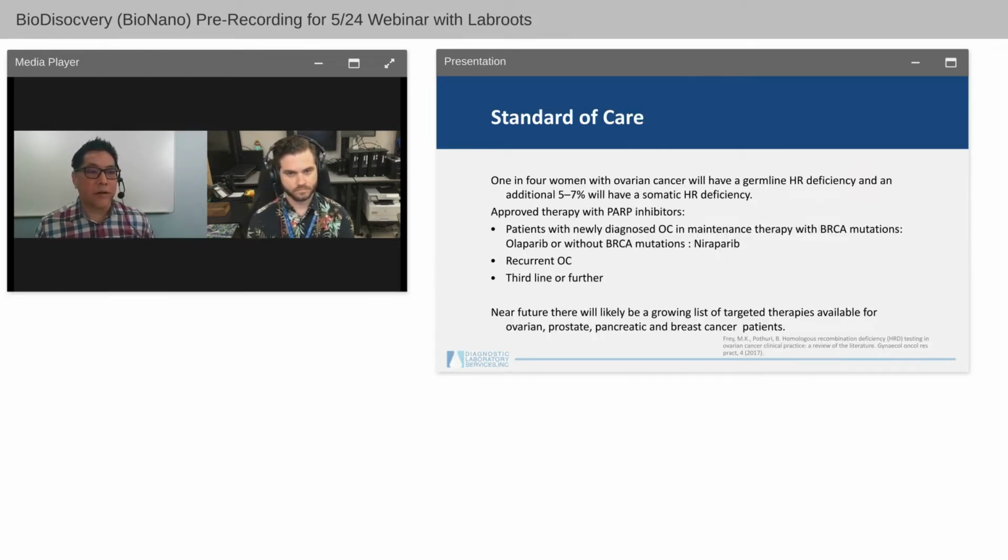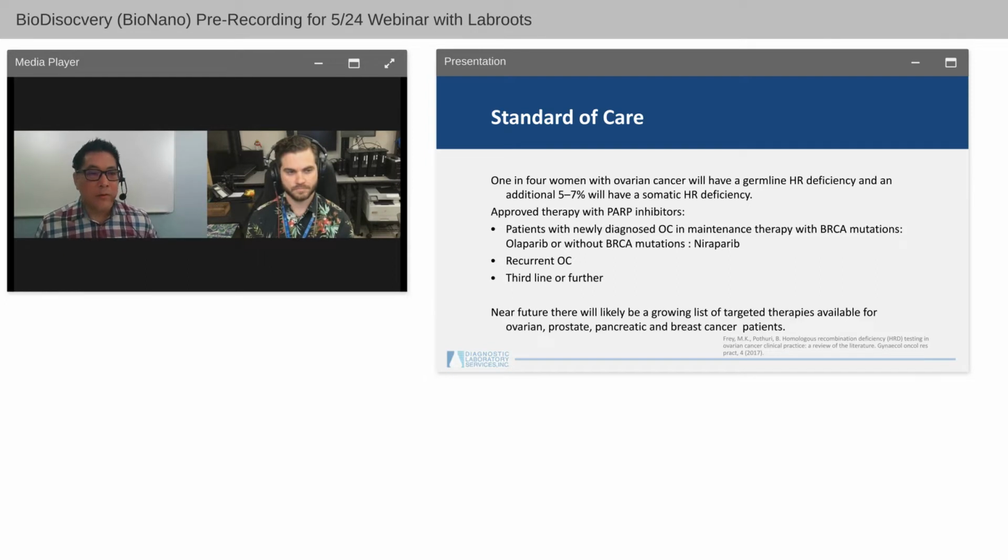And this is where the assessment of HRD comes in. So we can look for germline alterations and we can look for somatic alterations, but we really need to be able to look for the HRD states to find the indications to now use homologous recombination deficiency to justify the use of PARP inhibitors. PARP inhibitors are also being looked at now, not just for ovarian serous cancers, but for other cancers like prostate, pancreatic, and breast cancer.